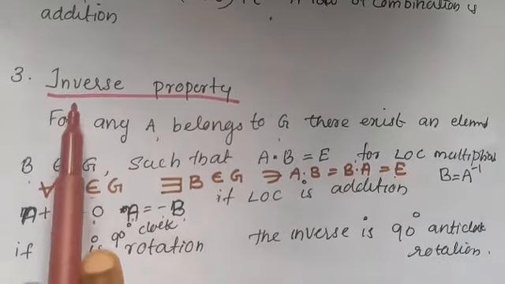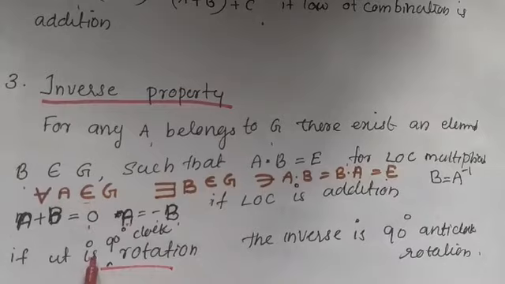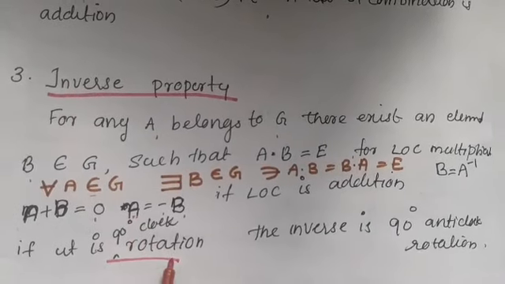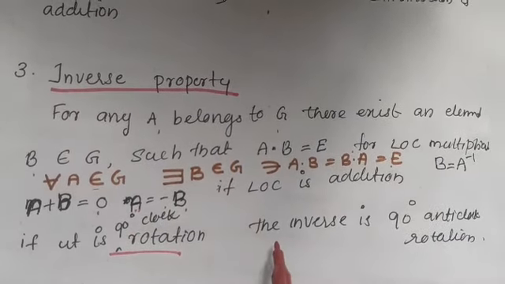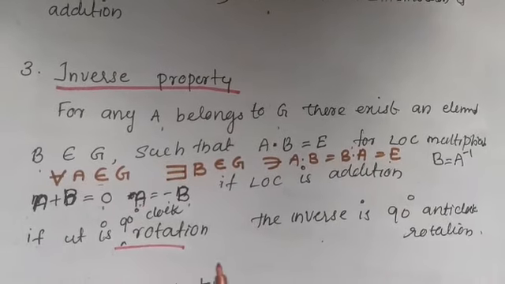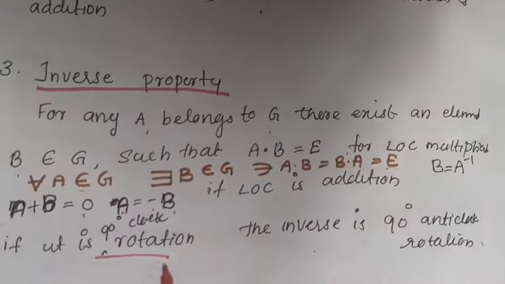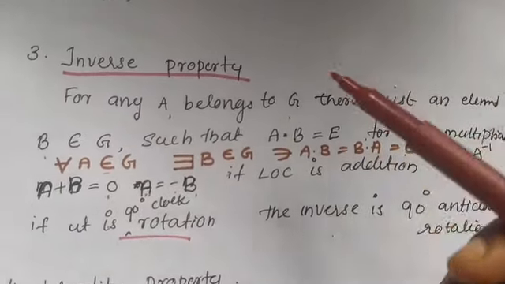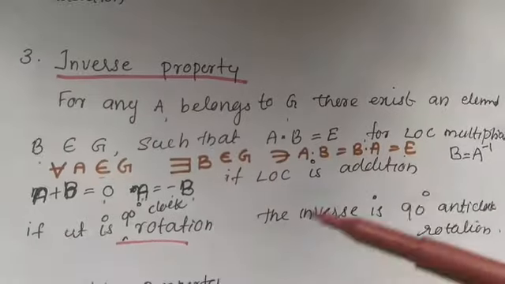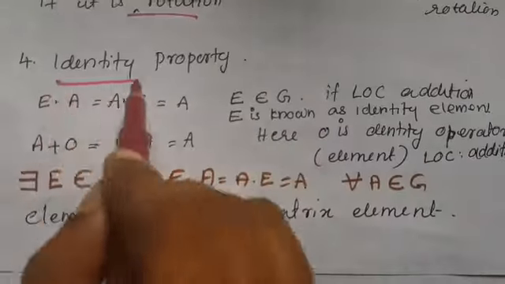Here this operation may be a rotation. If it is a 90-degree clockwise rotation, its inverse is a 90-degree anti-clockwise rotation. So we can use different laws of combination for group theory. Next one is the identity property.